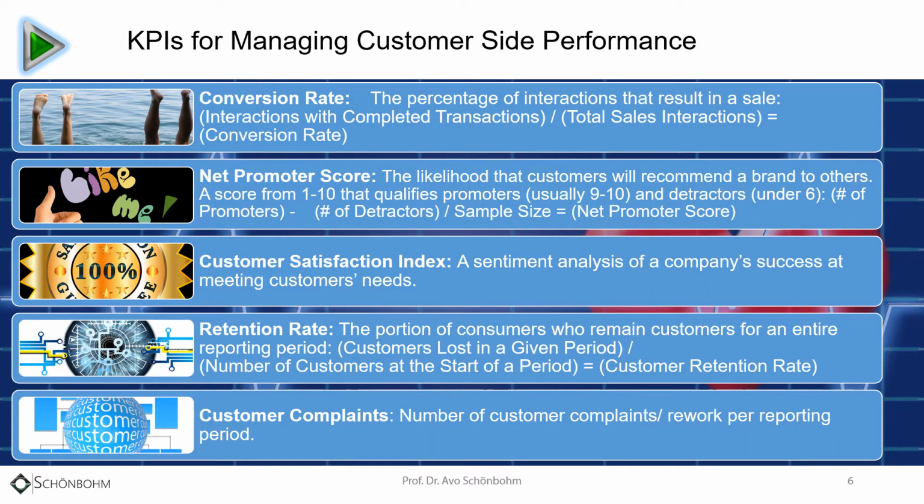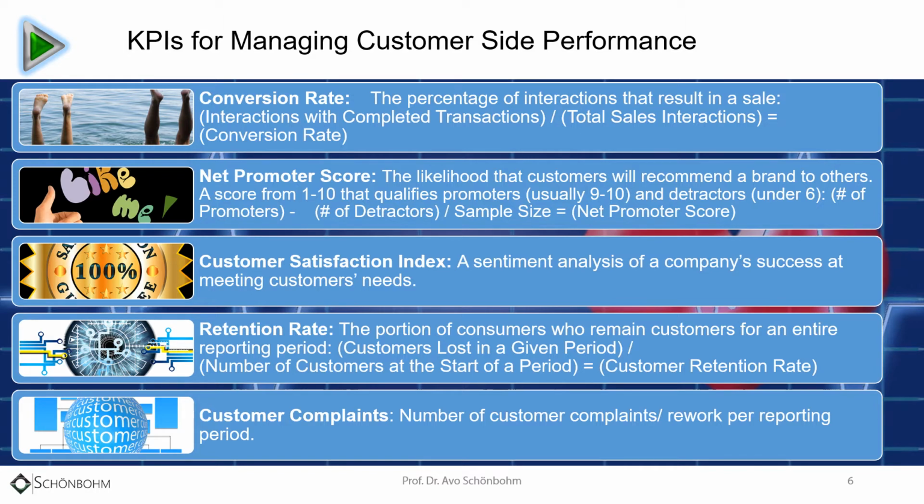So now let's have a look at different KPIs, popular KPIs that are well known among the business community. Let's start with KPIs for managing customer side performance. Number one is the conversion rate.